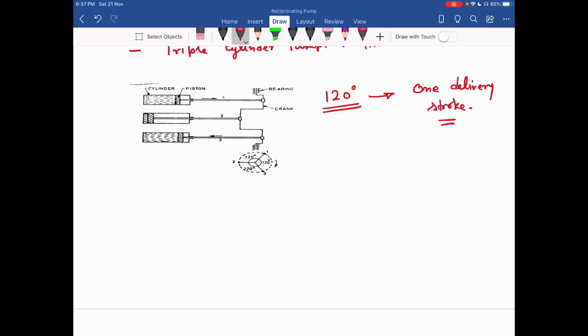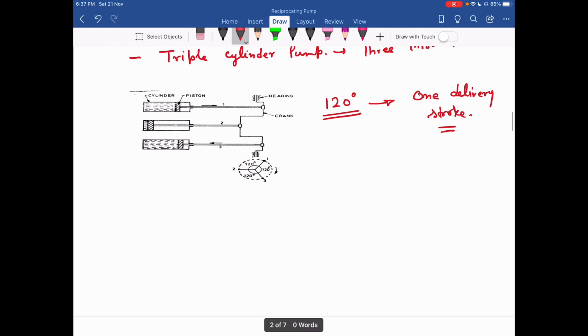That's why in one cycle, we get three delivery strokes. So that's why this pump is called a three throw pump. So this is the triple cylinder pump.